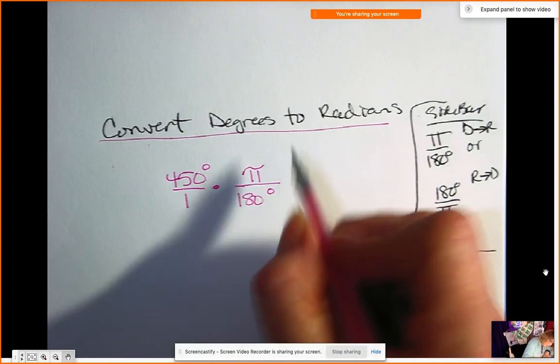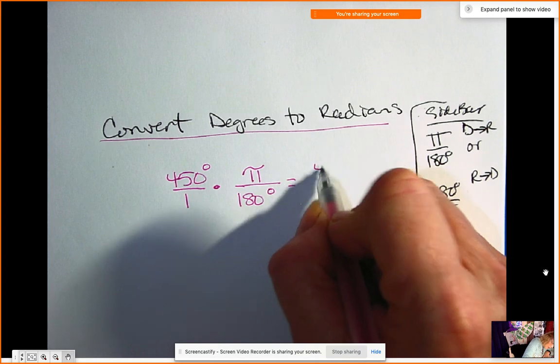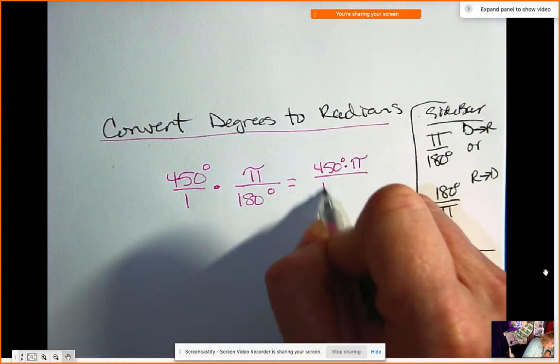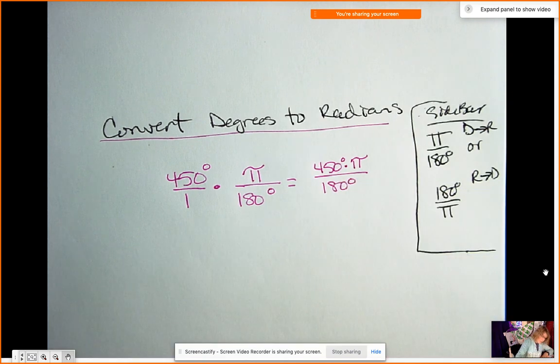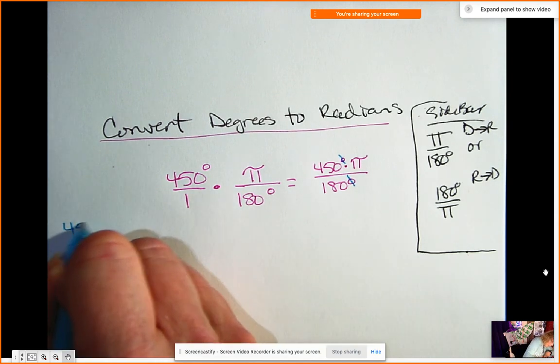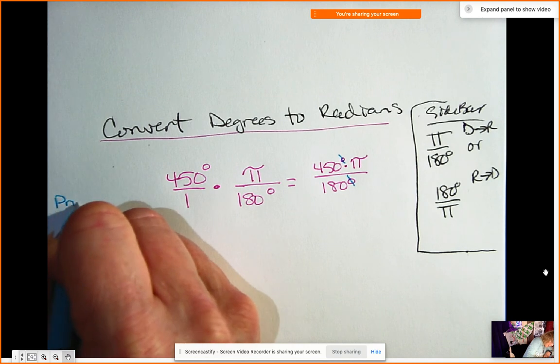So if I do this, when you multiply them, it's straight across the lines, over 180 degrees. First thing I know I can cancel are the degrees. Doink, doink, they're gone. Now I need to prime factor 450.